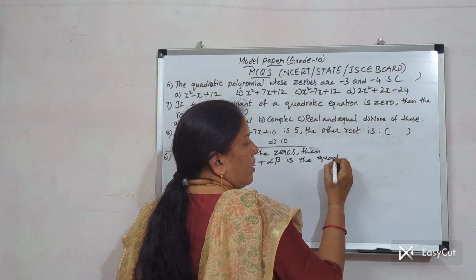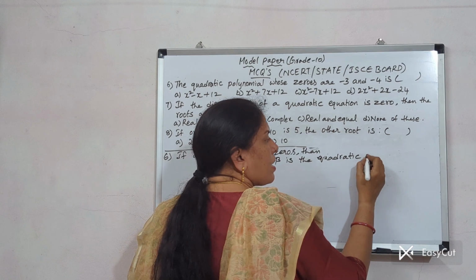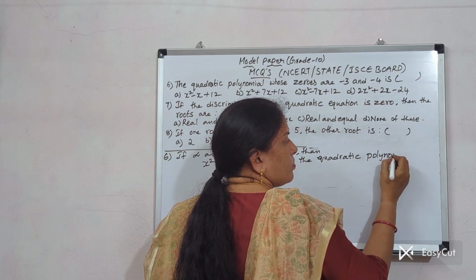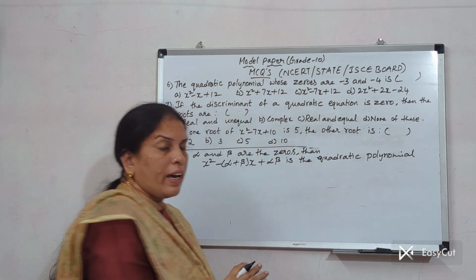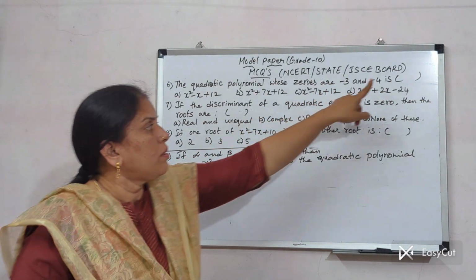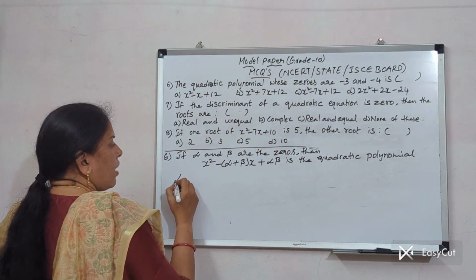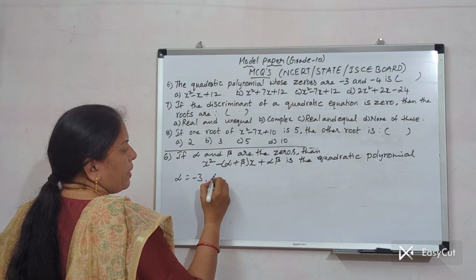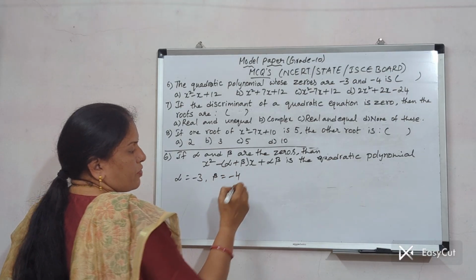That's enough. All of you understood, children? Here alpha means how much? Minus 3. Beta means how much? Minus 4. Alpha is equal to minus 3, beta is equal to minus 4.